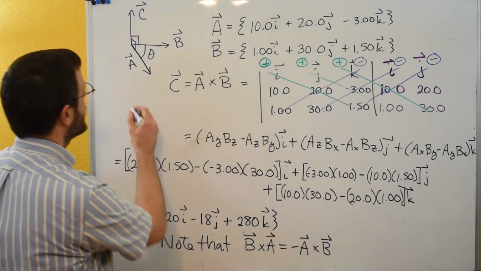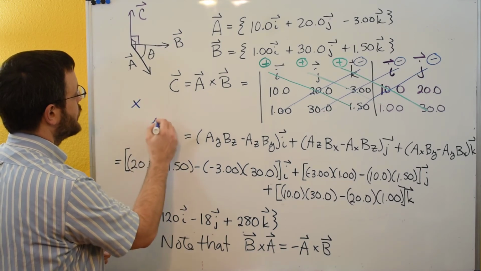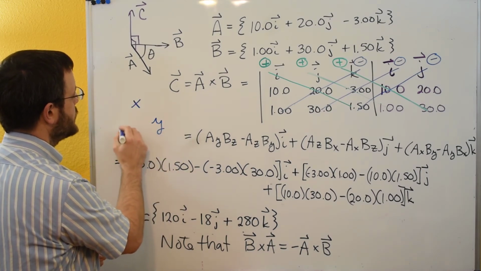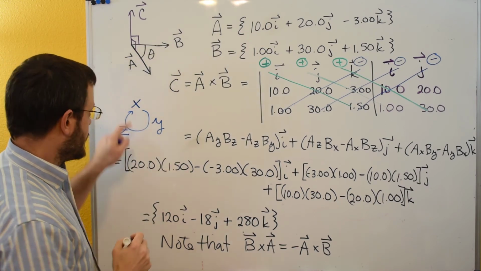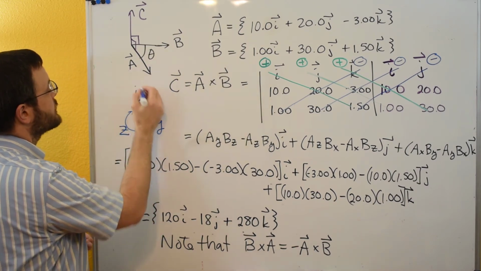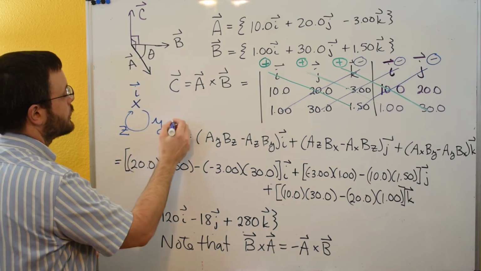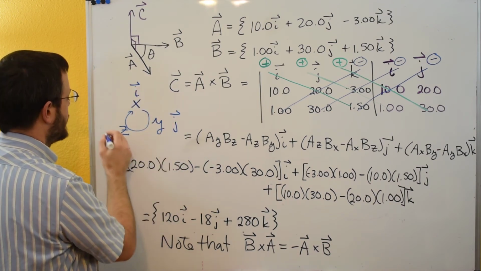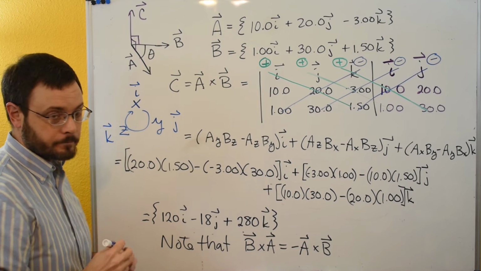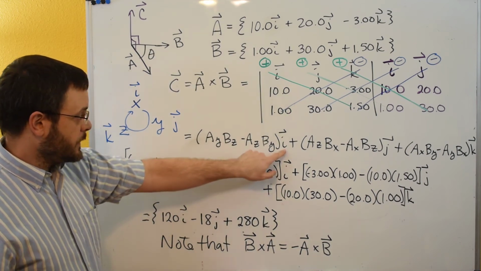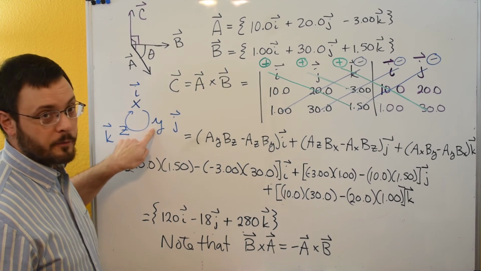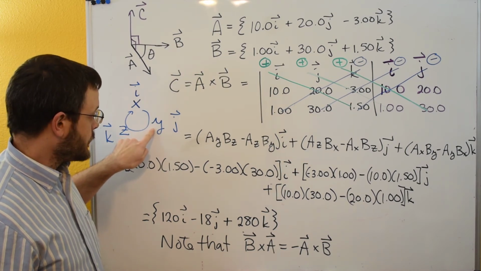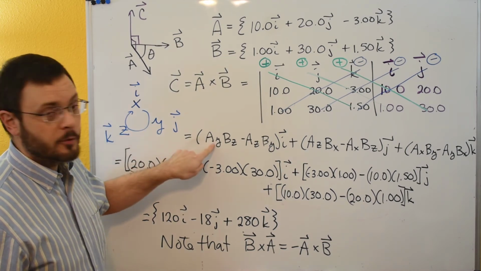Think about it as x, y, and z just kind of going along in a circle like this. So also think of x as being i, y is j, and z is k. So when you're trying to find the i component, you'll start off with the y term of your first vector.